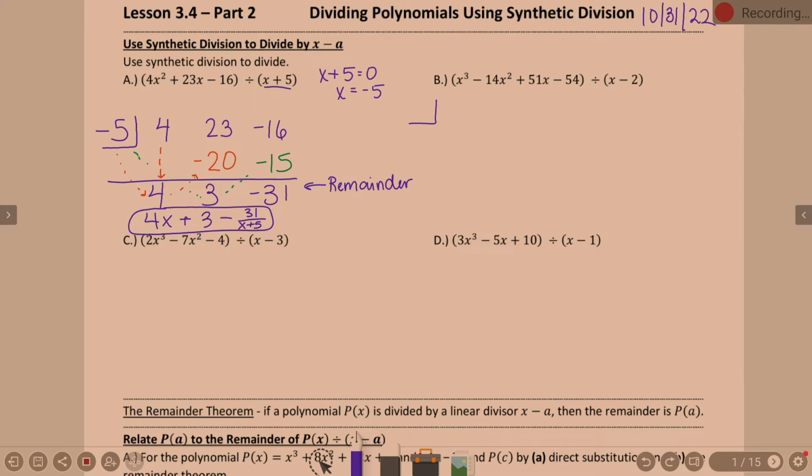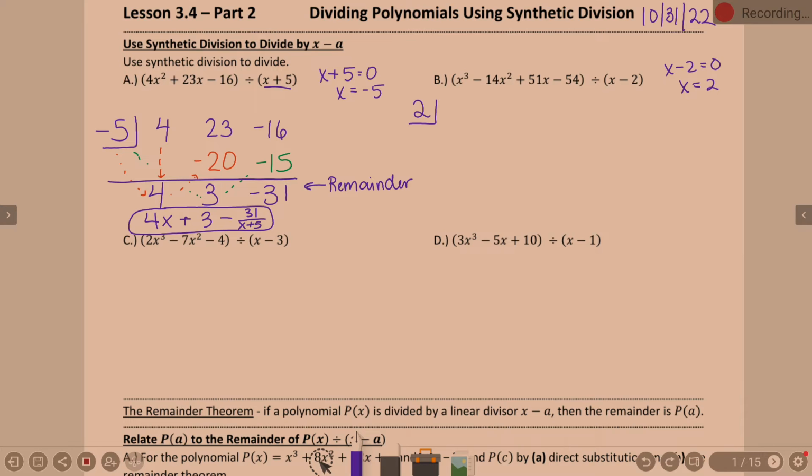What's going to go in my box? If it's x minus 2 is what I'm dividing by, but I want to use the 0 representation, so set it equal to 0, and we're going to use 2, right? So in my box it's going to go 2. What about the row of coefficients that goes beside it?